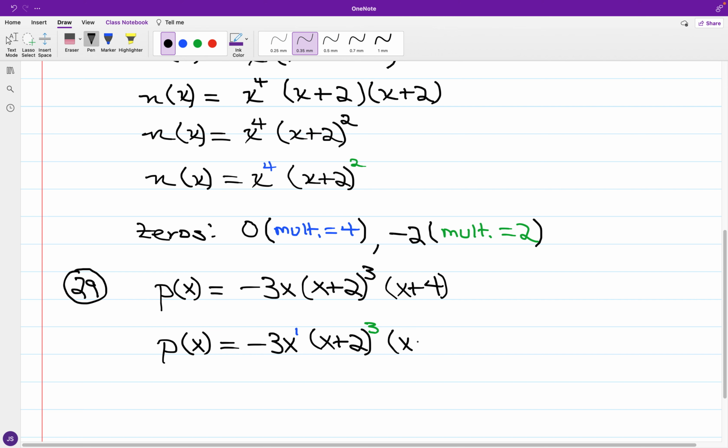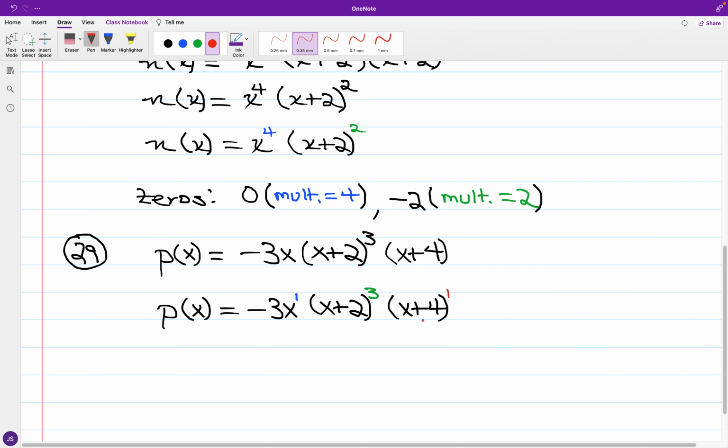And for the quantity of x plus 4, there's no explicit power to which this is raised. So just x plus 4 alone, we have that this is implicitly to the first degree. So we have the factored form already laid out.